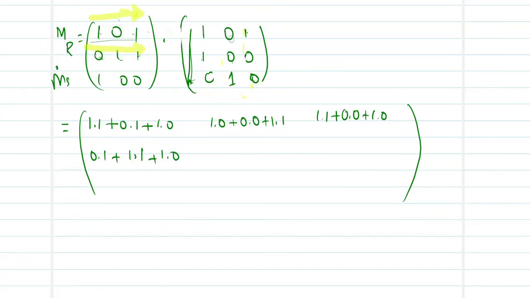Next, 0 into 0 plus 1 into 0 plus 1 into 1. Next, 0 into 1 plus 1 into 0 plus 1 into 0. And we move to the last row with the first column: 1 into 1 plus 0 into 1 plus 0 into 0.